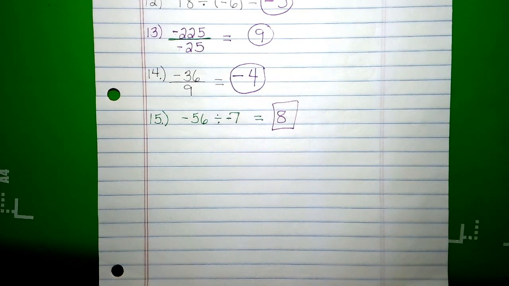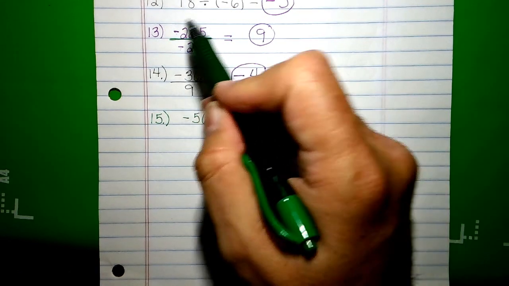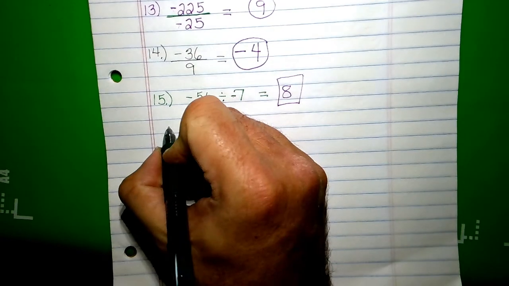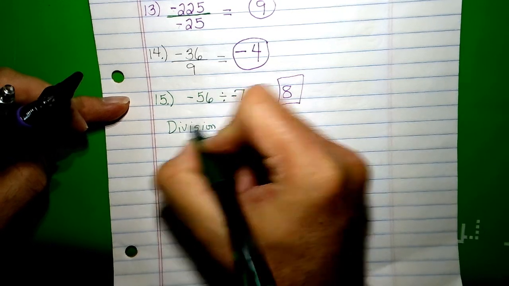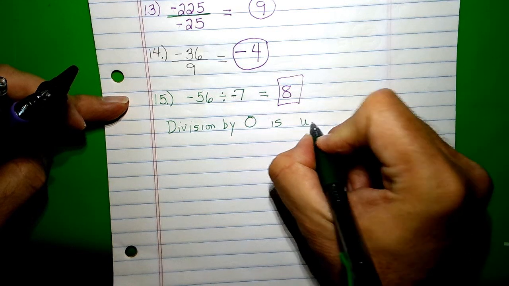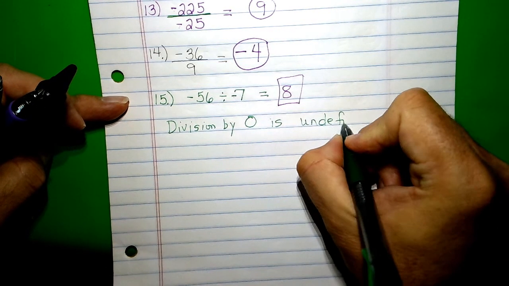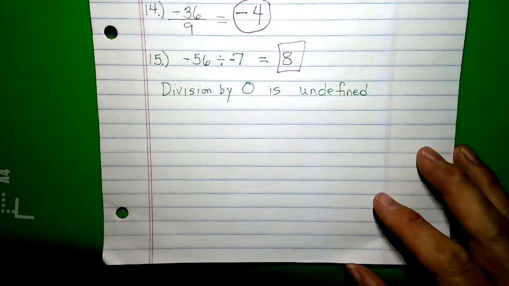Okay? So hopefully this has jogged your memory on those rules, and you really need to know those rules. Now, at some time or another, I want to mention something. I guess right now is as good a time as any, since we just finished some division. Division by 0 is undefined.